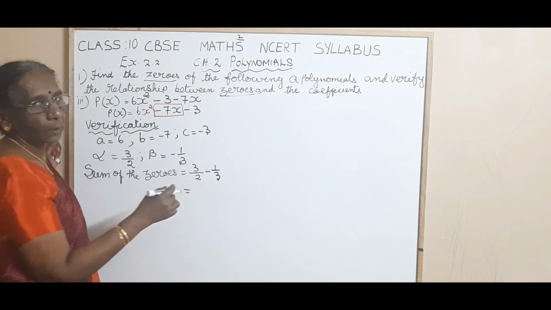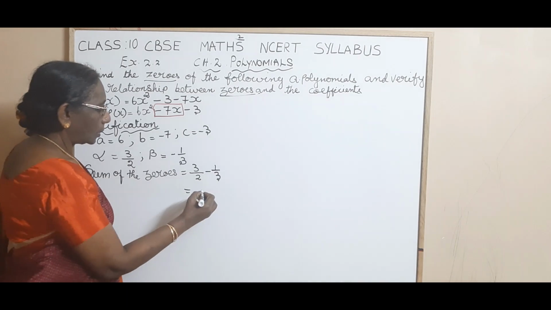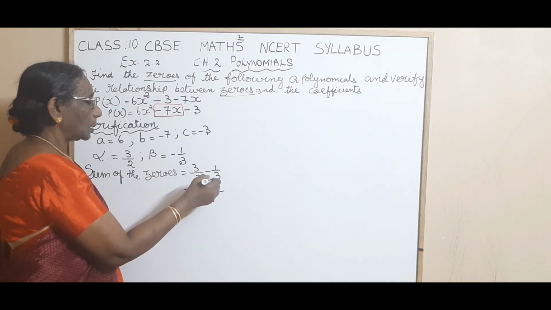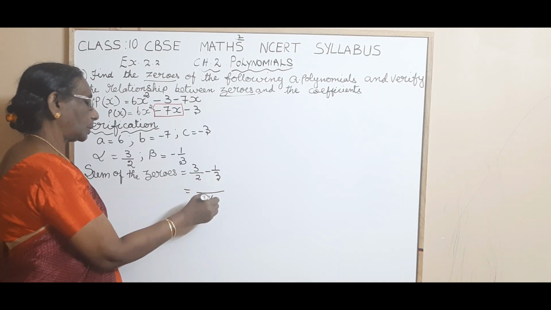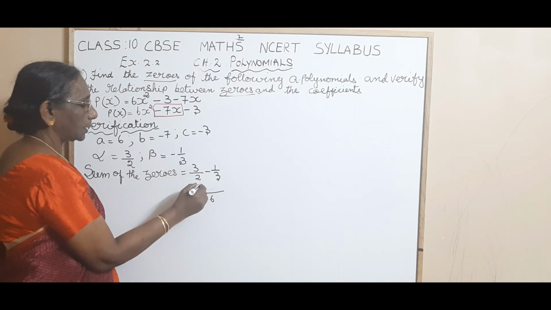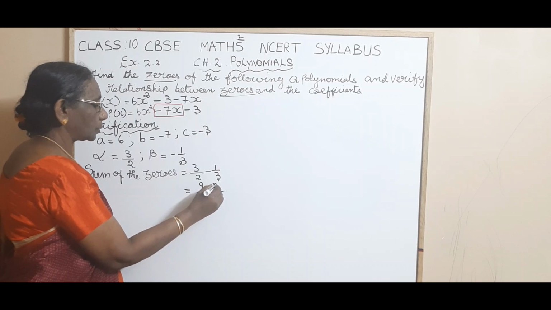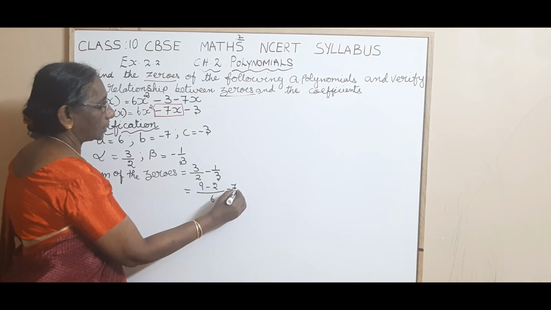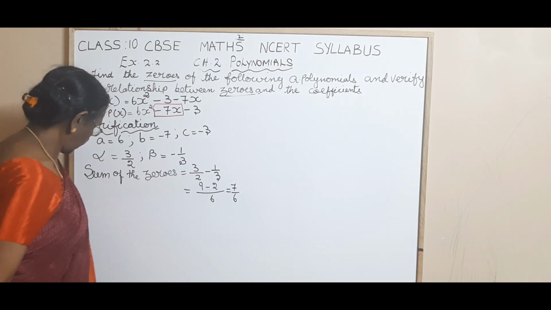Now 3 and 2 are co-prime numbers. So the LCM is what? 6. So now since 3 and 2 are co-prime numbers, 6 is the LCM. So cross multiply. 9 minus 2, that is equal to 7 by 6.